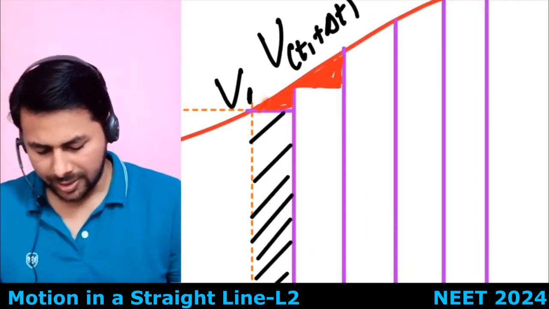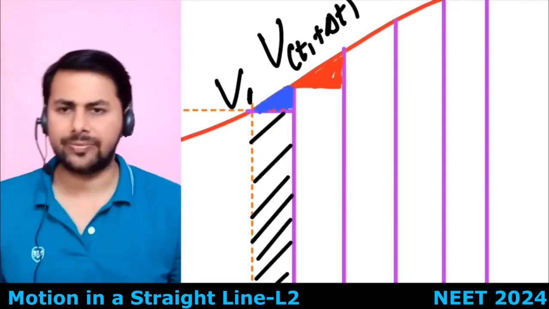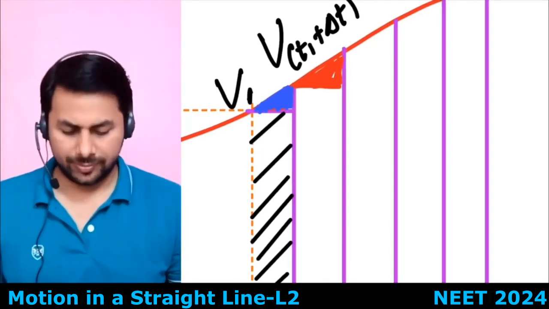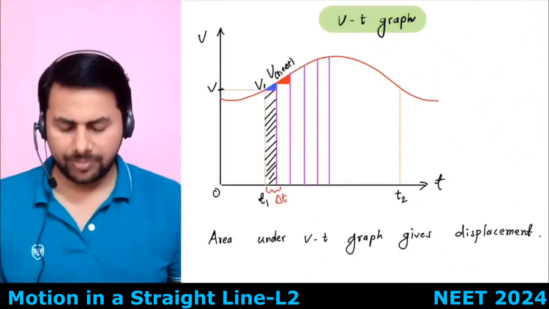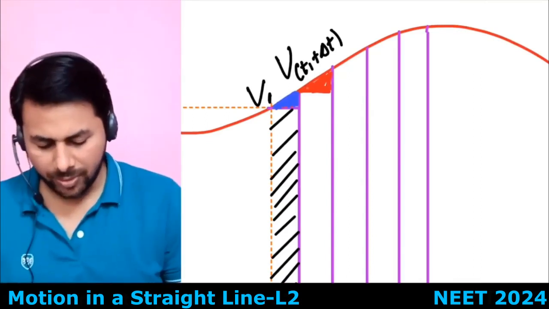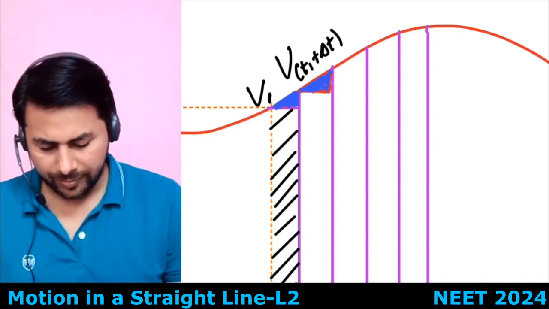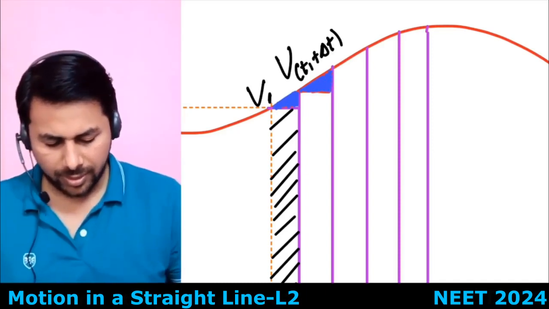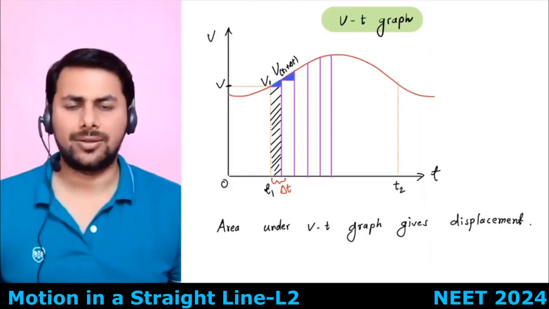So there will be some error, but approximately, if I add up the areas of all those rectangles, I get the area under the velocity versus time curve with some error.